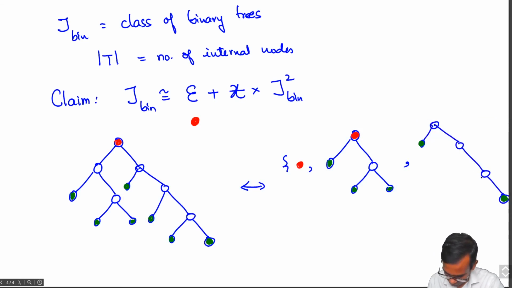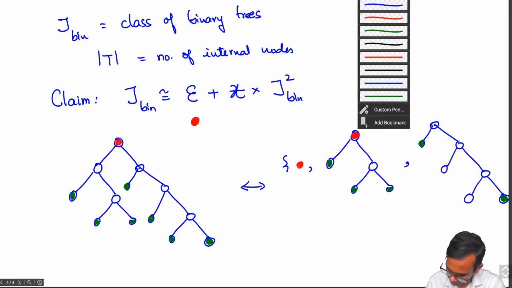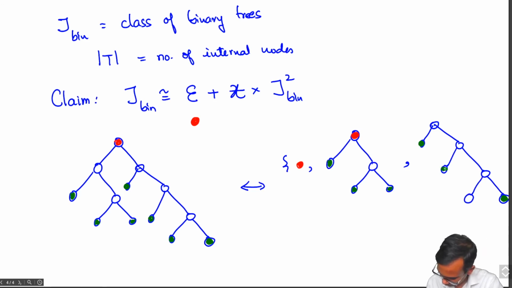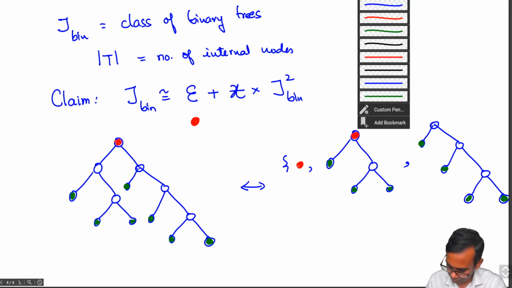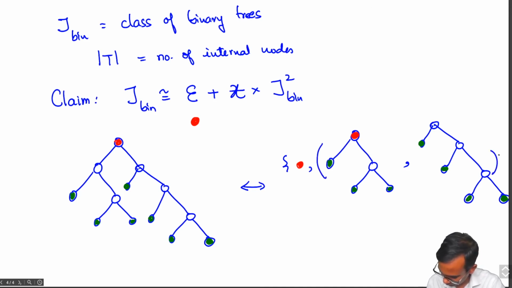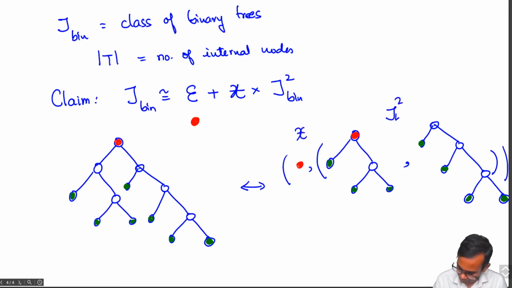Let me just draw them back. So this is the element of x, and this is T_bin squared. These are two binary trees.